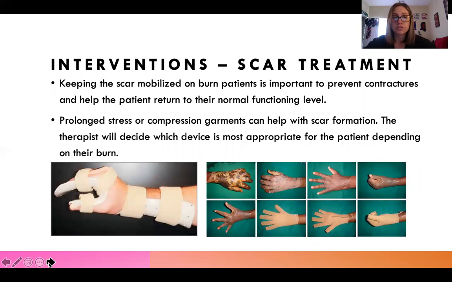Okay, and also scar treatment. This is very important to do scar mobilization. It will help prevent contractures, which is a huge thing. You could do prolonged stress, or compression garments can help with overall scar formation. So depending on the level of the burn, the patient will be prescribed the correct garment. And you can see a few down here below.